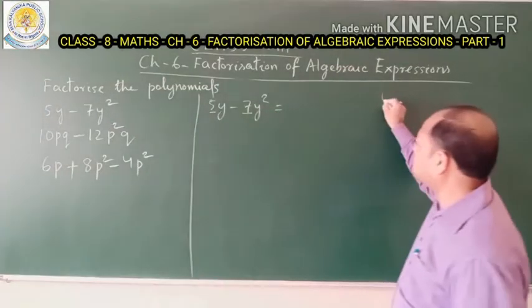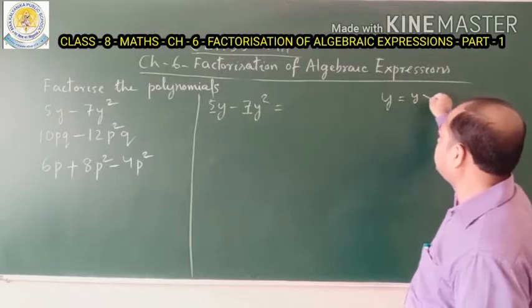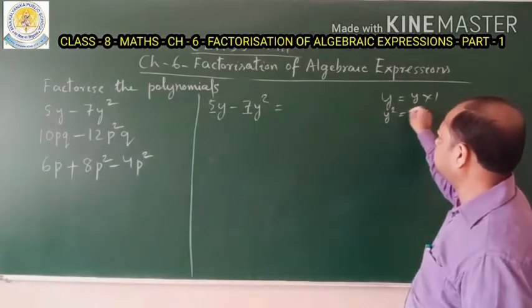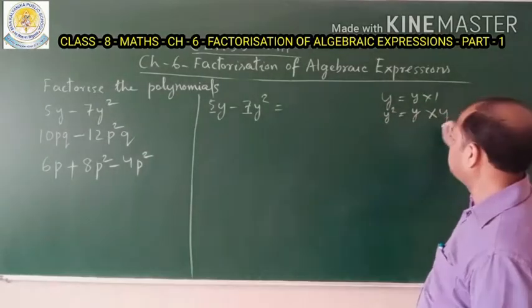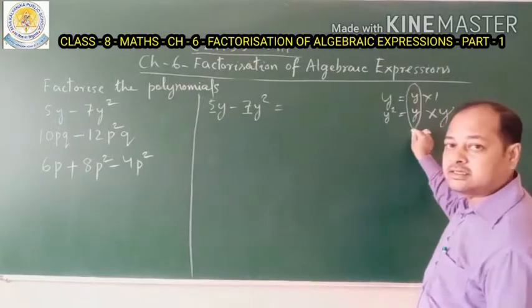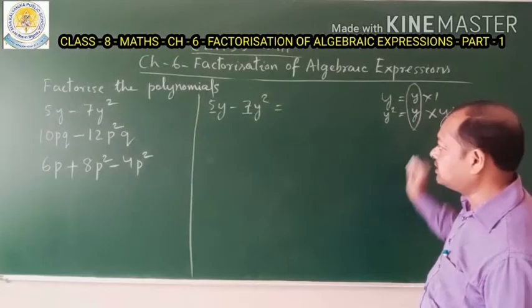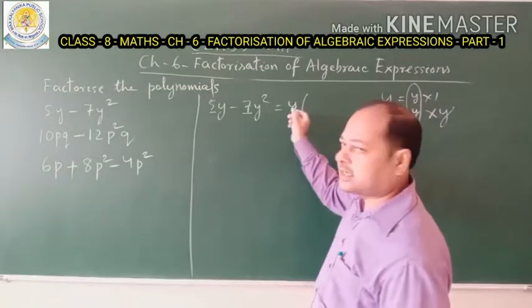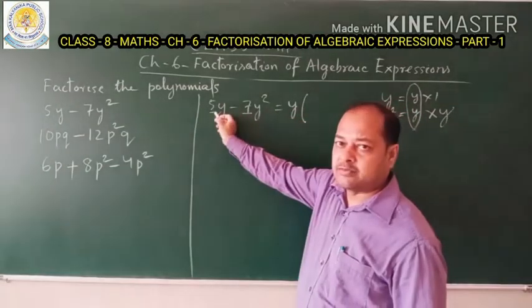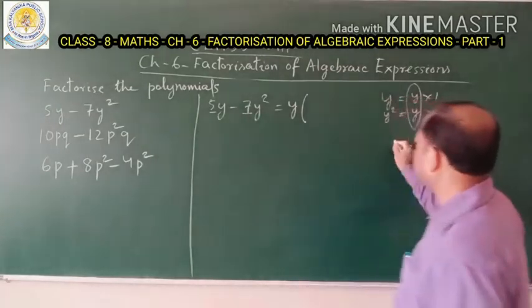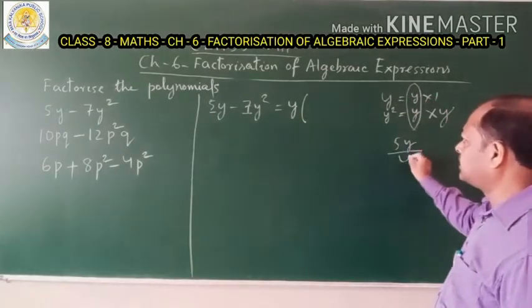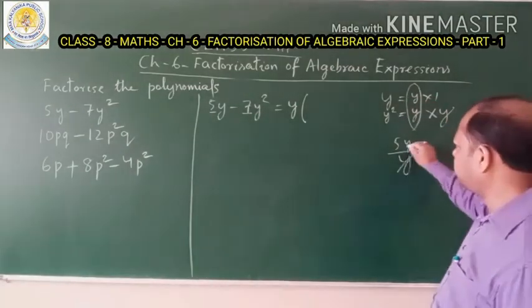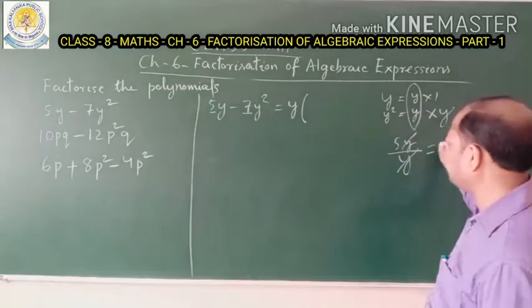How? Because y can be written as y into 1 and y square can be written as y into y. So what common are we getting? We are getting y here. Write down y. If we take y from 5y, so if I divide 5y by y, y cancels. How much are you getting now? 5.